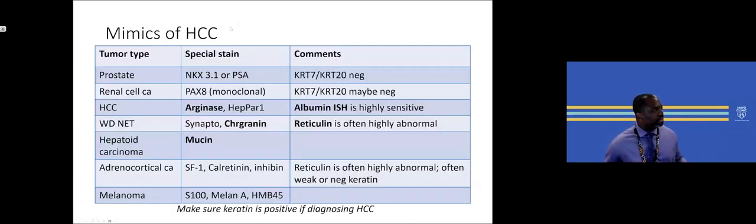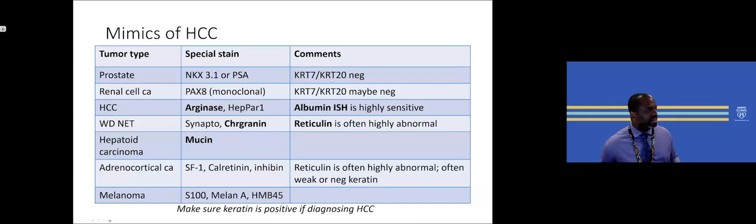This table describes the mimics of hepatocellular carcinoma that I've actually seen submitted as HCC in consultation in our practice, along with the immunostains that I think are helpful to distinguish them. You can see here that it really only takes a small panel of immunostains to really exclude these possibilities, especially if you consider the available clinical context if you have it.